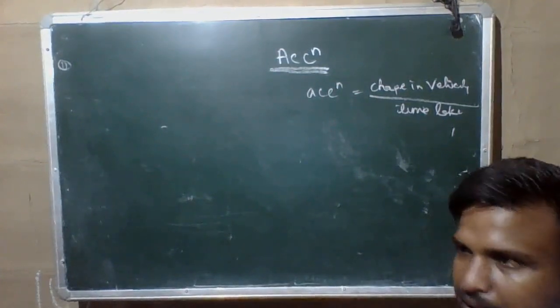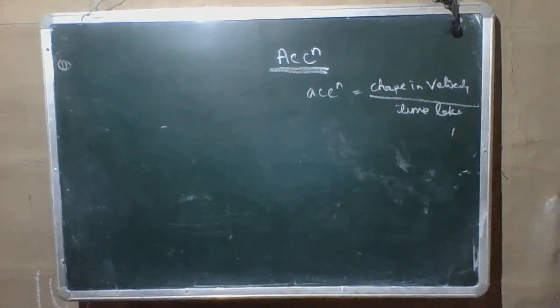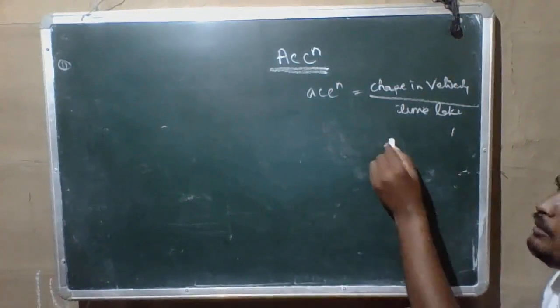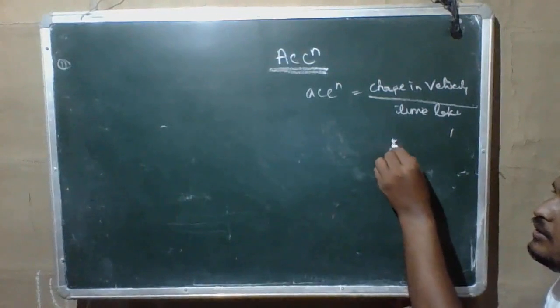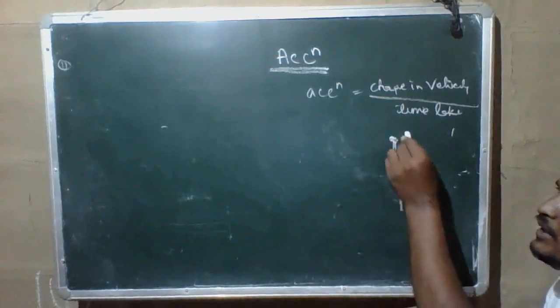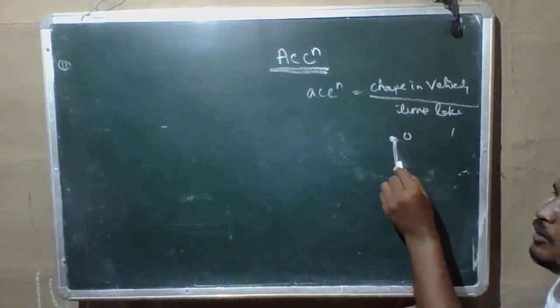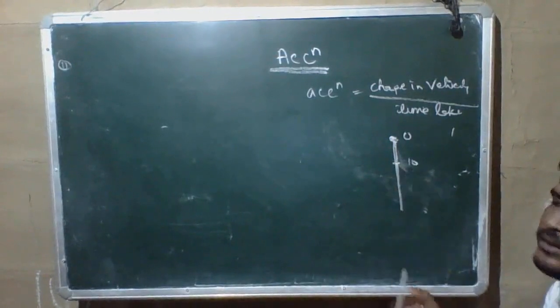So let us see a little bit of all of them. I think acceleration you should understand a little bit more nicely. Suppose a body is falling. Here the velocity was 0. Suppose after 1 second the velocity becomes 10.